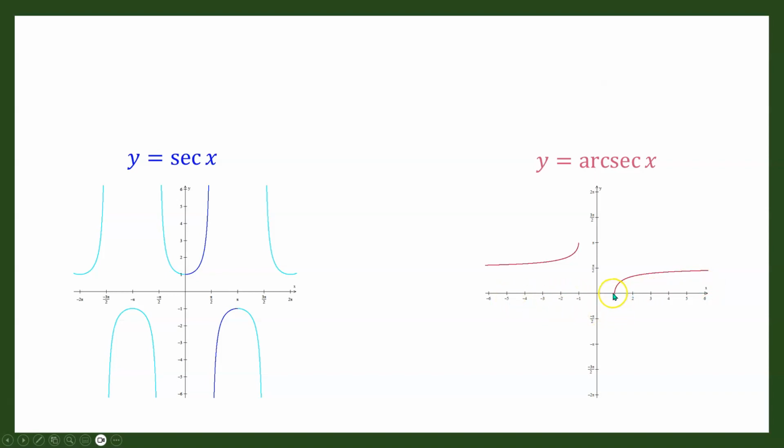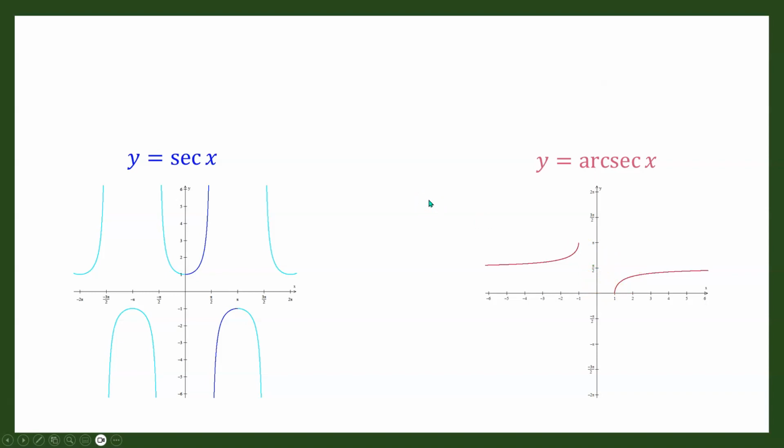So if x is greater than or equal to 1, the arcsecant of x is the angle between 0 and pi over 2 whose secant is that number. And if x is less than or equal to negative 1, the arcsecant of that kind of number is the angle between pi over 2 and pi whose secant is that number. So in other words, arcsecant always gives us an angle that is between 0 and pi.